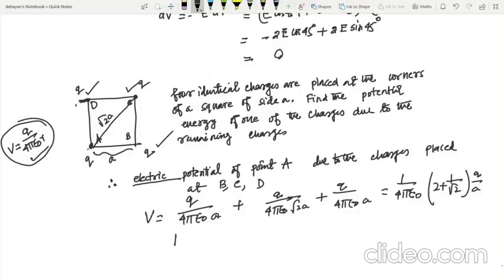If we want to find 1 and 3, the distance is root 2 a, so it should be 1 by 4 pi epsilon naught q squared by root 2 a. Then 1 4 is 1 by 4 pi epsilon naught q squared by a, and 2 and 4 is also like that, 1 by 4 pi epsilon naught q squared by root 2 a, and 1 by 4 pi epsilon naught q squared by a.